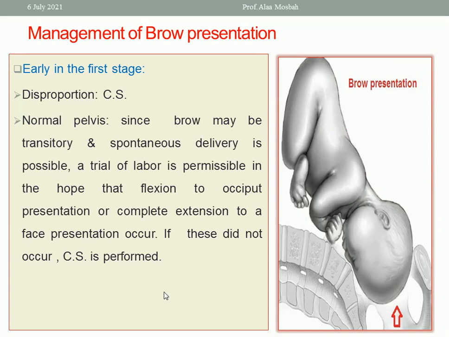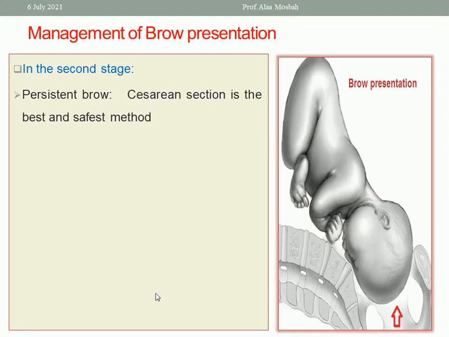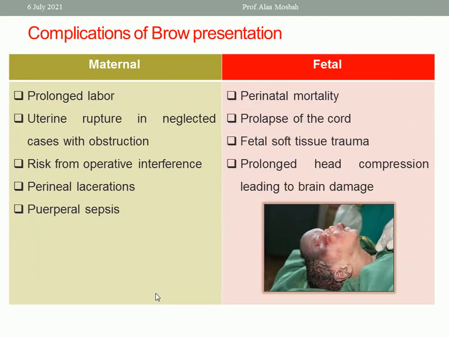If not, and the brow is persistent, cesarean section is still the only line of treatment. In the second stage, if there is already a persistent brow, you should do cesarean section because it is the best and the safest method for the fetus and the mother.